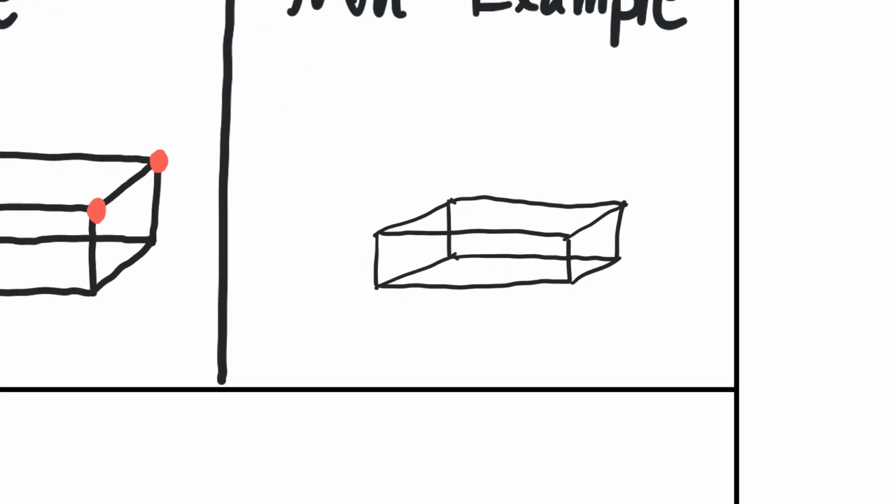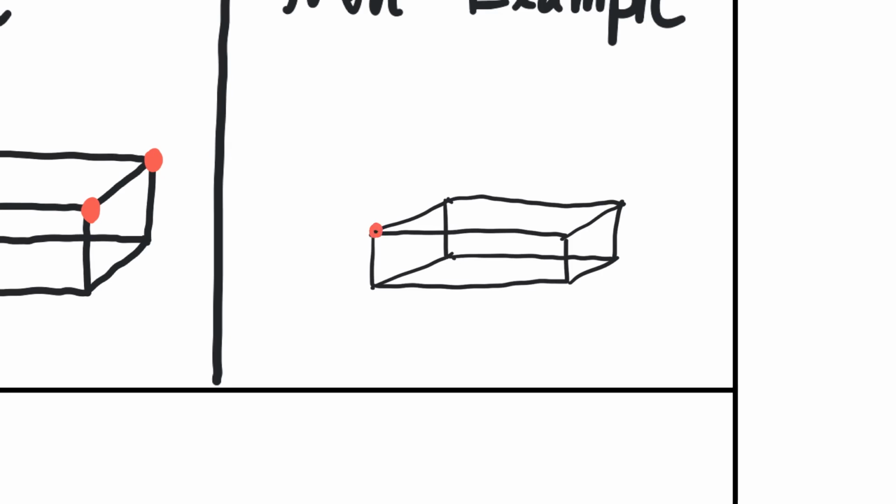Okay, so it would be like this point, this point, this point, and then boom, this point down here. I mean, that's not the only way I could do it. I could do it a bunch of different ways, but that's one example or non-example of being coplanar.